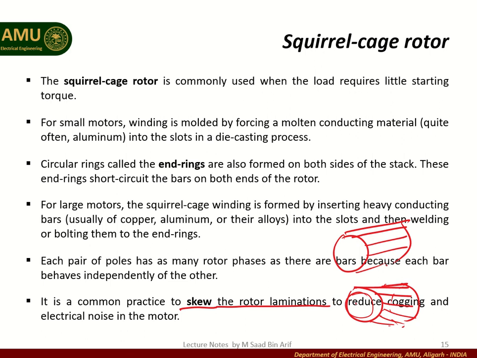Why is it so? The rotor will rotate in a particular direction. If it rotates in this direction, due to its momentum there is a twisting between one end and the other end. This will result in twisting of the conductors. So we usually provide that type of arrangement so that more twisting will not take place, and cogging and electrical noise will get reduced.